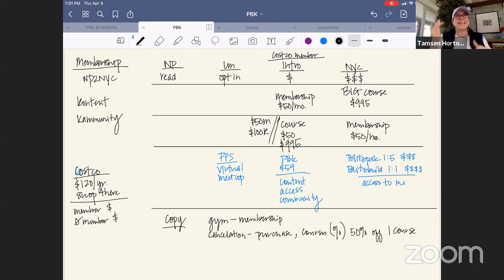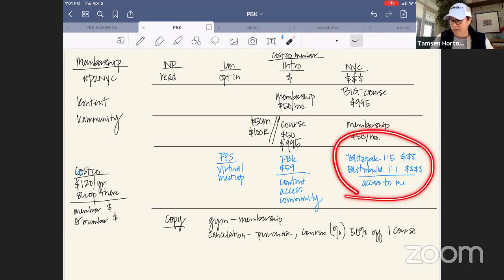So it really is taking the basic building blocks, just like we do in Kajabi, knowing where our membership fits so that it's very clear what we're building. This stuff over here, you can't even see it if you're not in PBK.